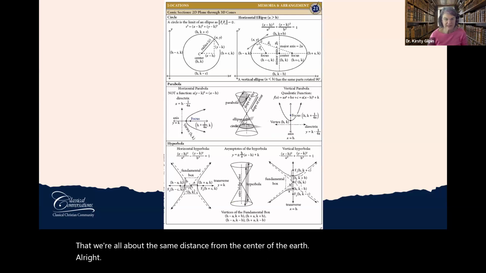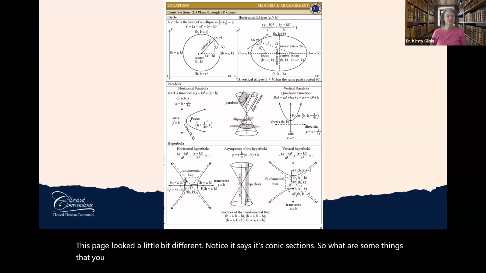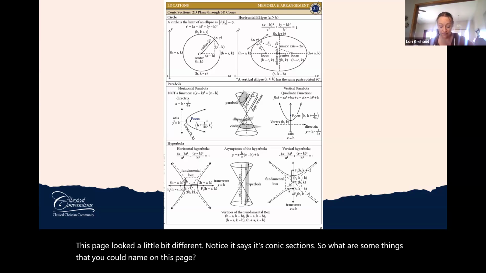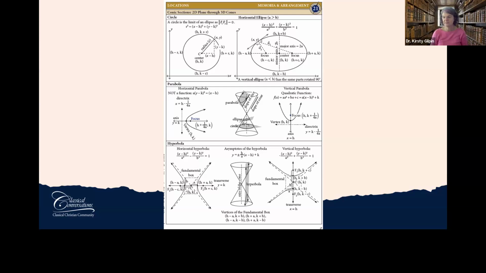This page looks a little bit different. Notice it says it's conic sections. So what are some things that you could name on this page? Ellipse. Good.